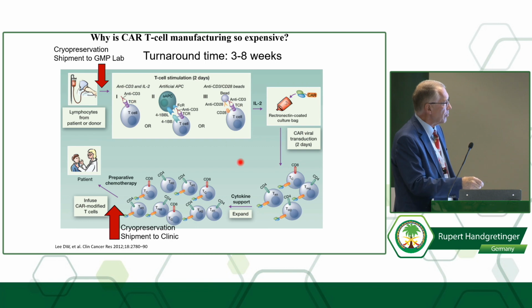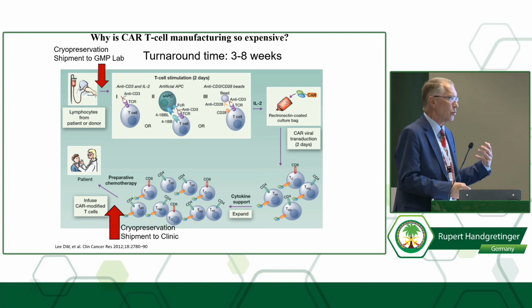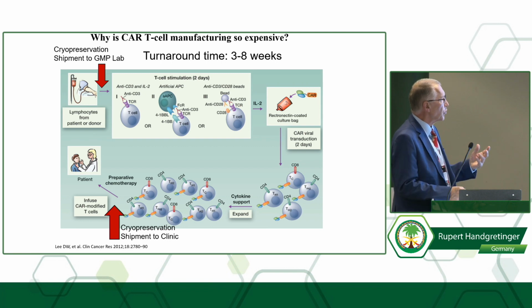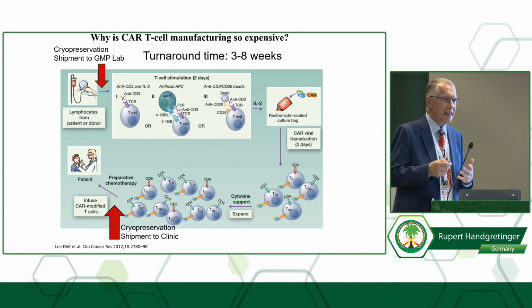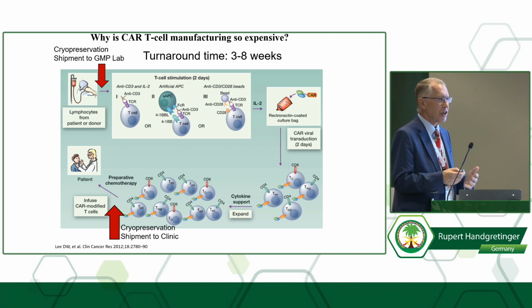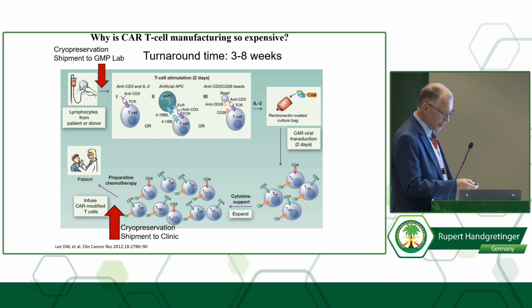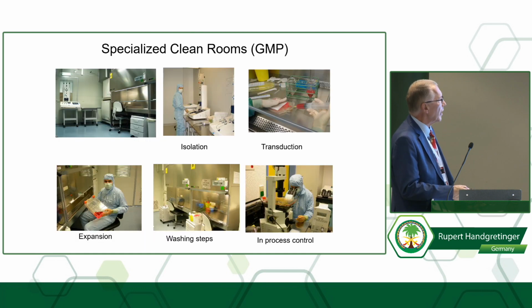They were thawed, went through all this process, and then came back cryopreserved to the hospital and were infused. So 2 times cryopreservation. I think everybody who works with cells knows cryopreservation is maybe not the best way to keep cells in very good function and alive. And you need specialized clean rooms, of course, for the isolation, transduction, expansion, and so on.